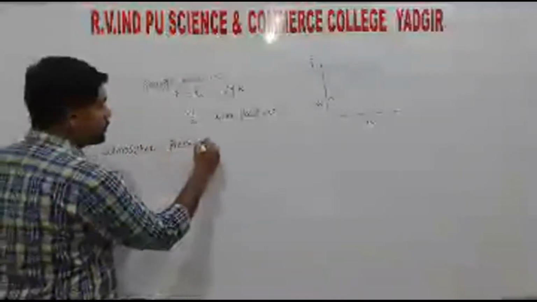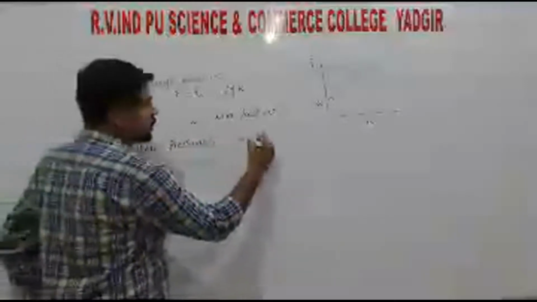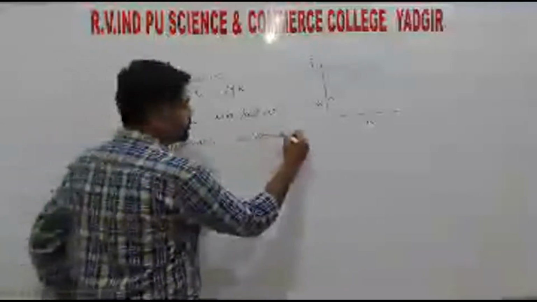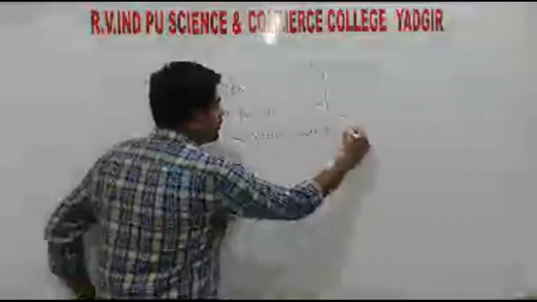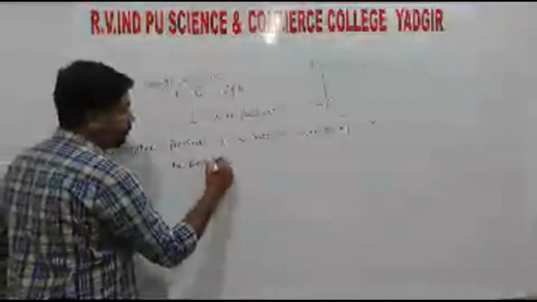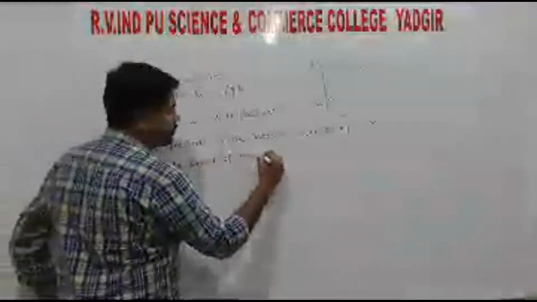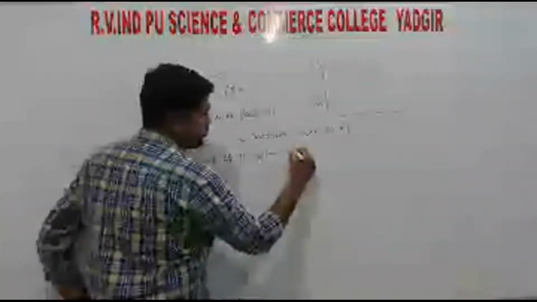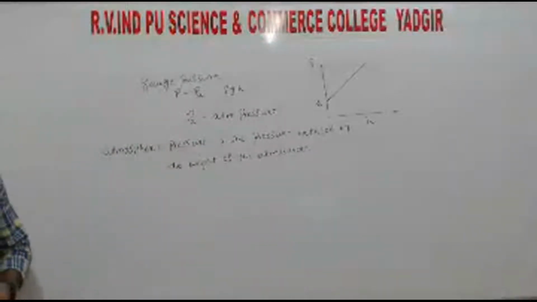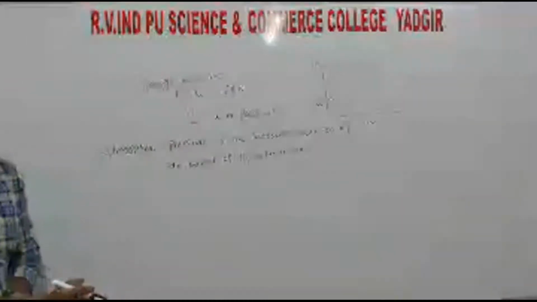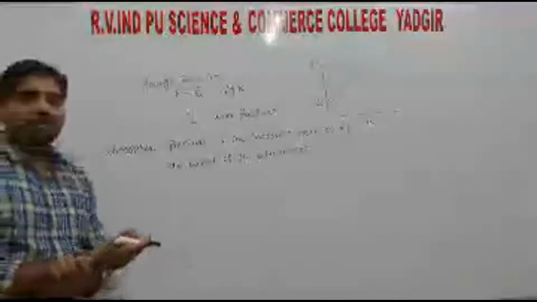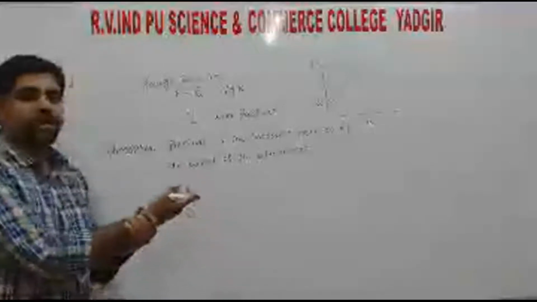Atmospheric pressure is the pressure exerted by the weight of the atmosphere, that is, the pressure of the atmosphere at any point is equal to the weight of the atmosphere or the weight of the air present in that column.